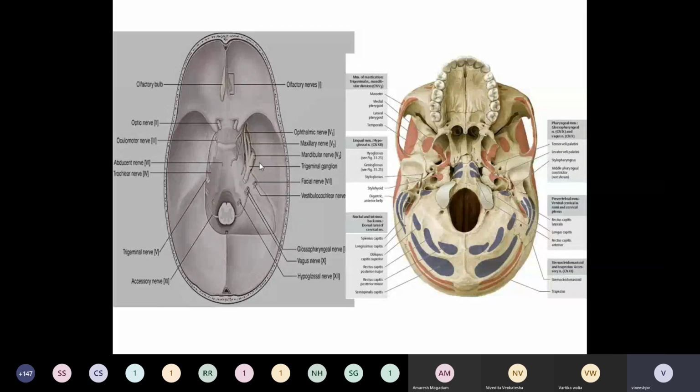In the middle cranial fossa, we can see the trigeminal nerve and the elevated part, the trigeminal ganglion. It is divided into three branches: the ophthalmic branch, the maxillary, and the largest, the mandibular nerve.